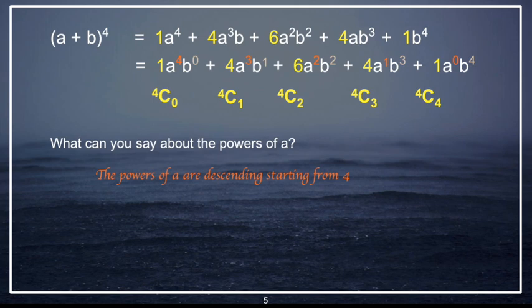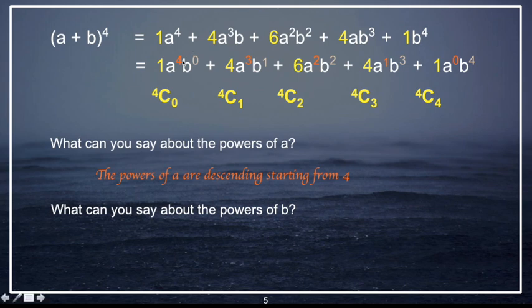So what about the powers of b, or the powers of the second term in the binomial? If we look at this, b to the power of 0, b to the 1, b squared, b cubed, and b to the power of 4. So this time, the powers of b are ascending, from 0 to 4, and again they correspond to the 5 terms that we are expecting.